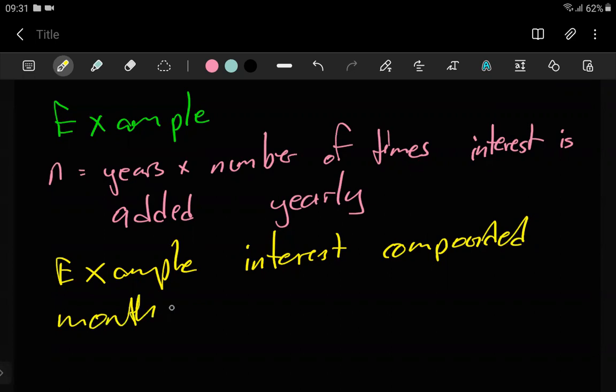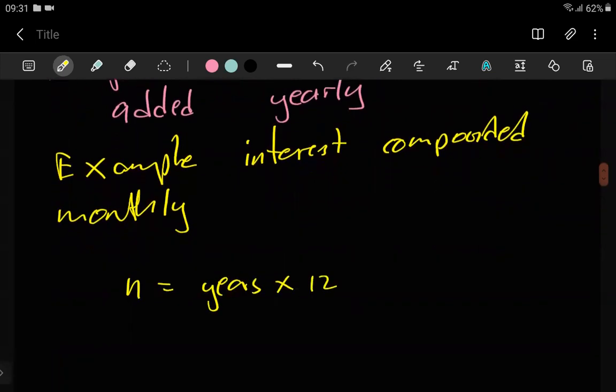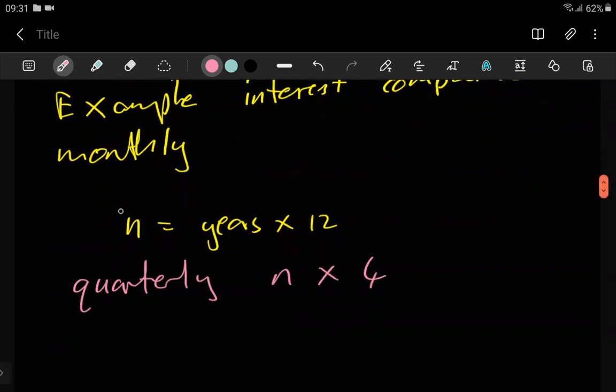If your interest is compounded monthly, then n is equal to years times 12. If it is quarterly, it's years times 4.